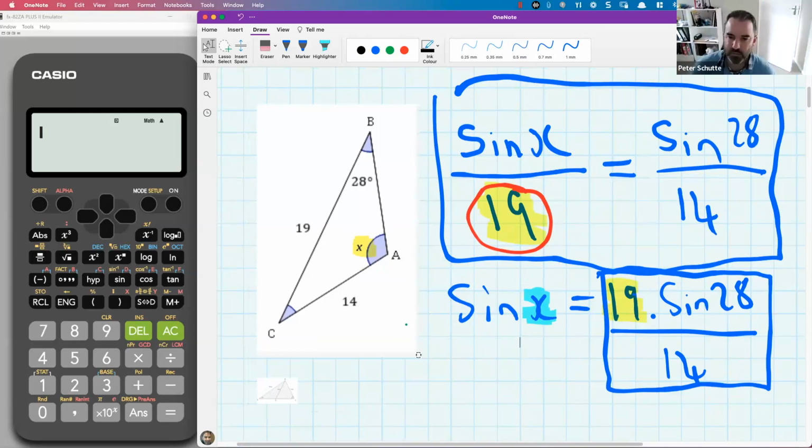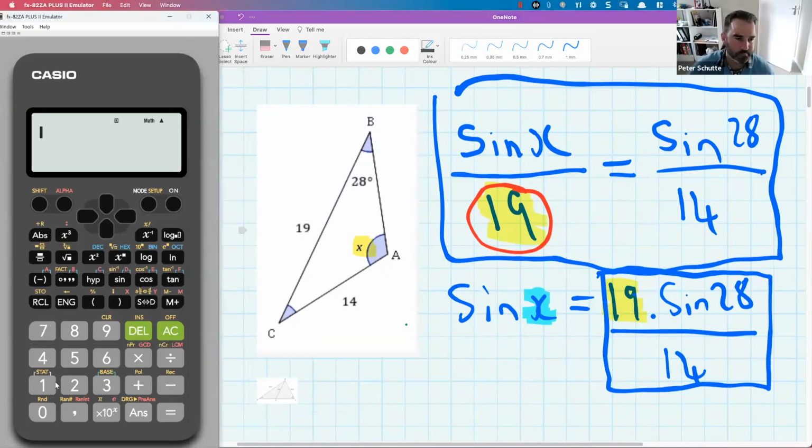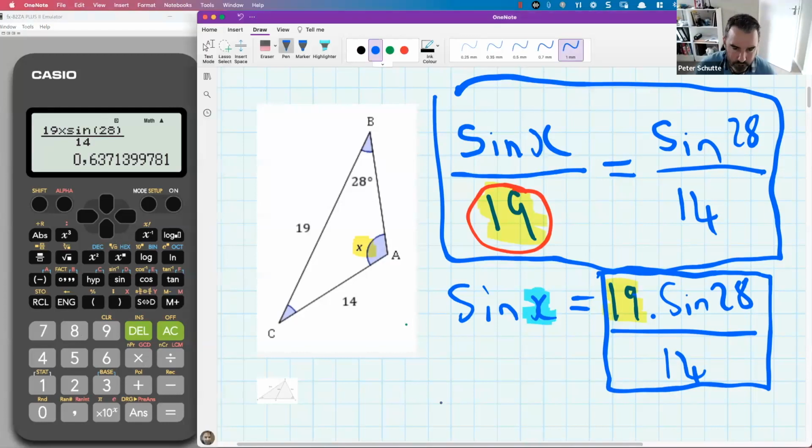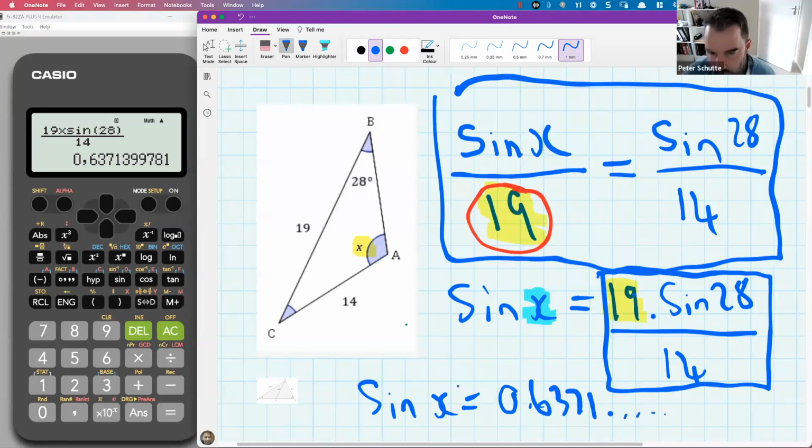So we'll go 19 times sine 28 over 14. So really what you're trying to do is solve this whole long thing. So what do we get for x?